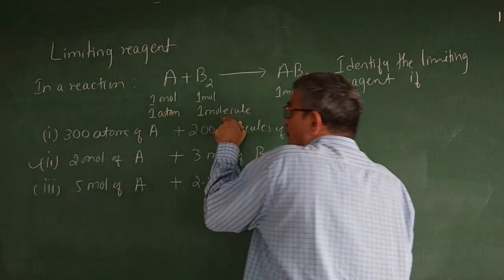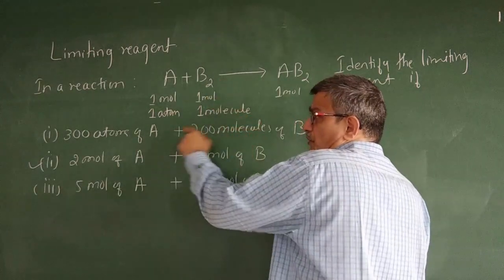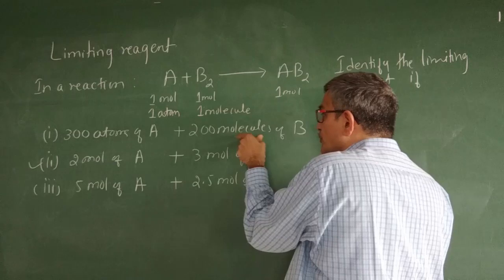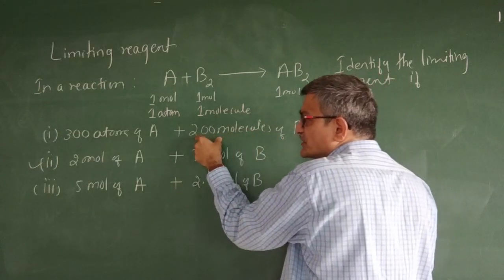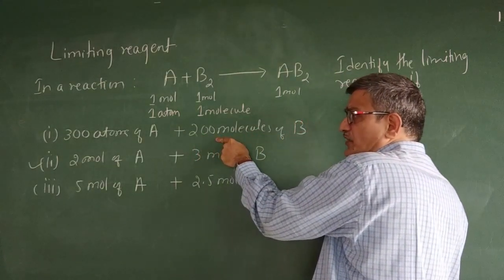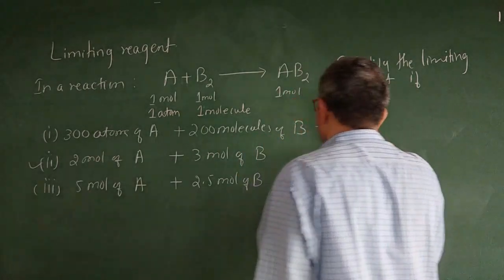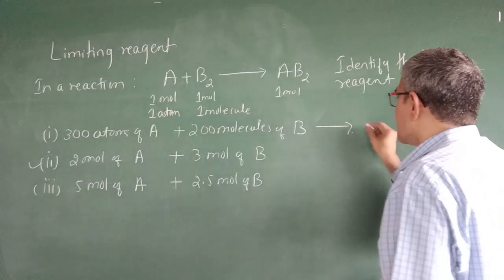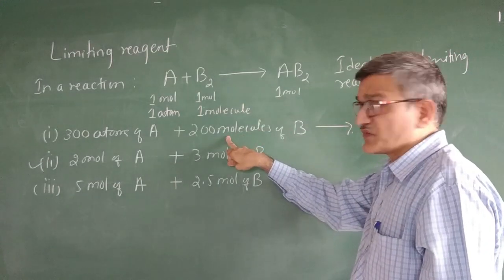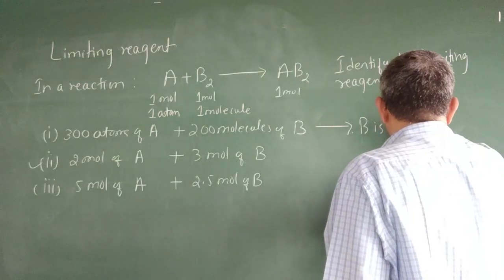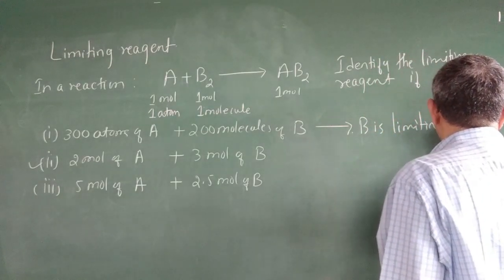One atom needs one molecule of B. So for 300 atoms of A, 300 molecules of B are needed, but how many molecules are there? 200. So therefore which is the limiting reagent? In this case B is the limiting reagent, because B is less. So B is the limiting reagent.